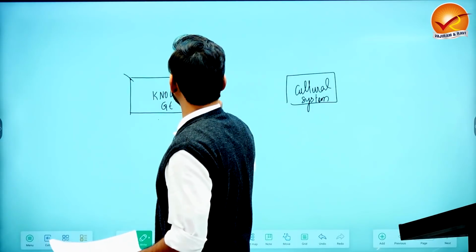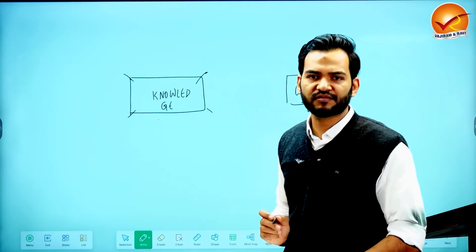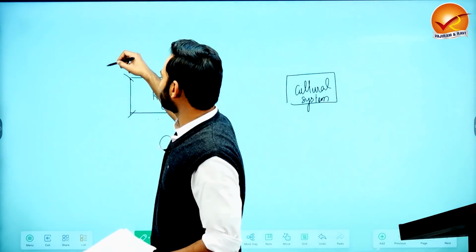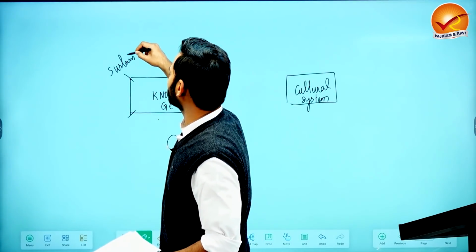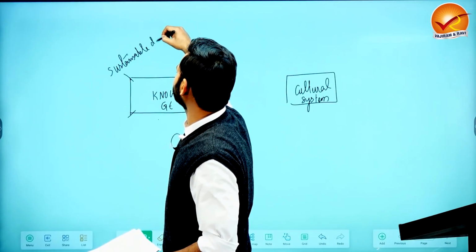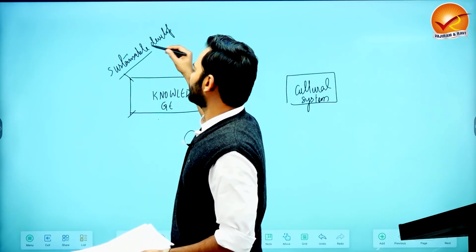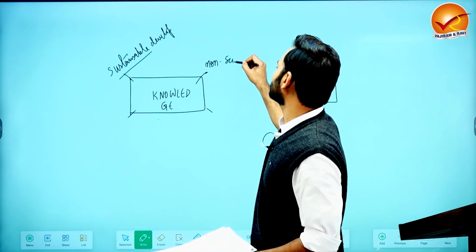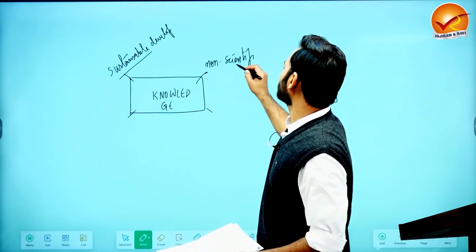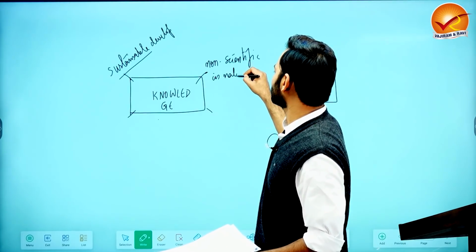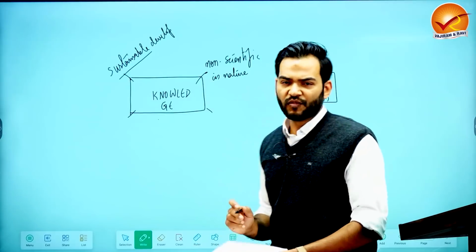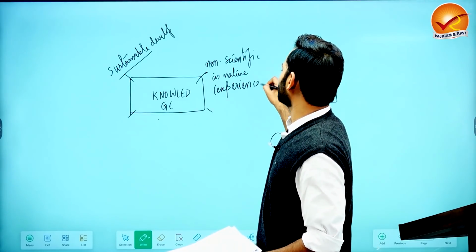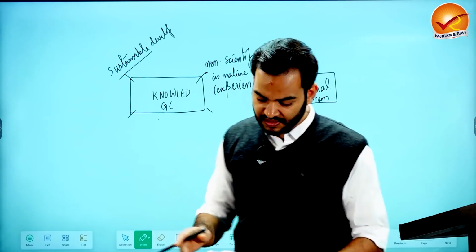So in case of the knowledge system, what are the unique points? What are the differences? So can I write that the tribal knowledge is more about sustainable development. Then it is non-scientific in nature, more experience oriented. If it is not scientific, it is more based on experience.